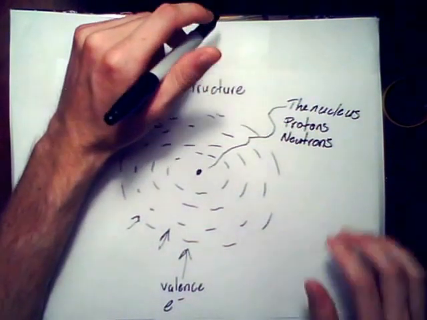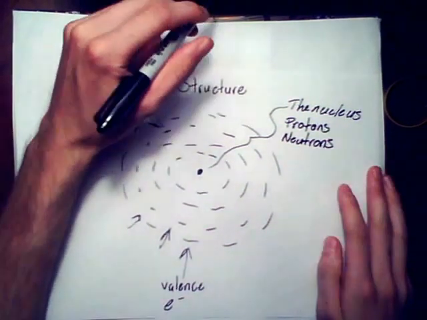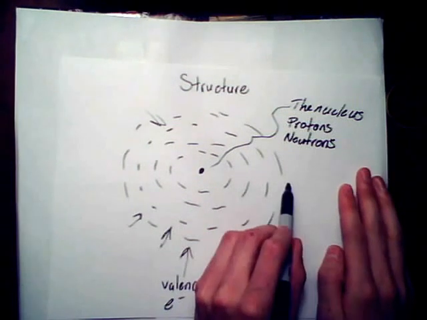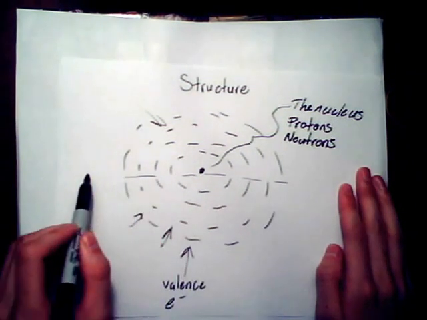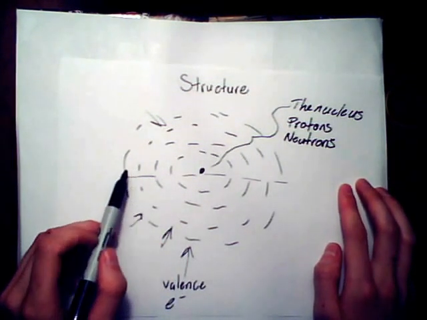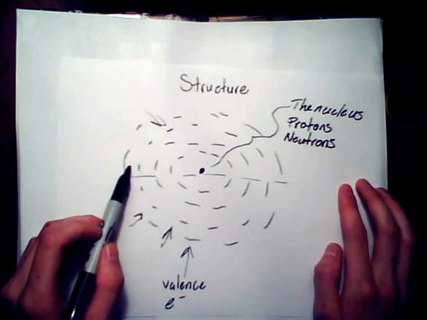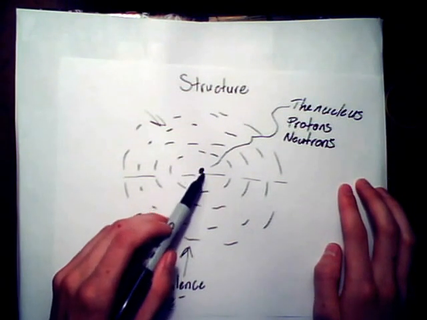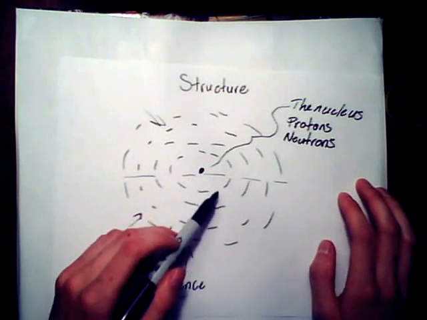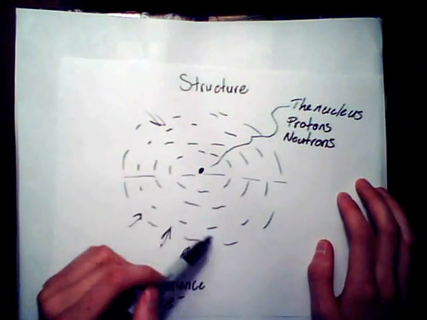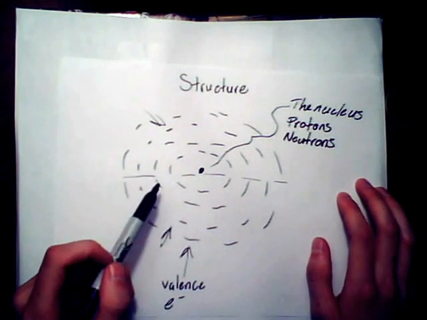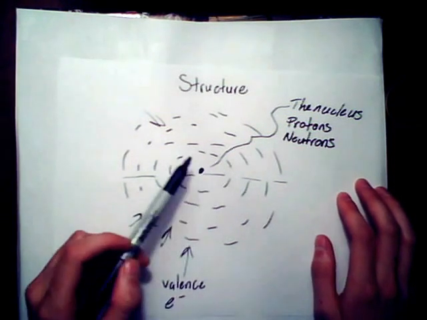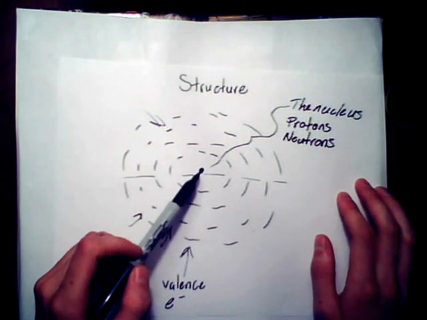So relatively in size, this field right here, this whole circle, is roughly 10,000 times bigger than where all of the protons and neutrons are kept. So the electrons are moving in all kinds of places, while the neutrons and protons kind of stay in the middle.